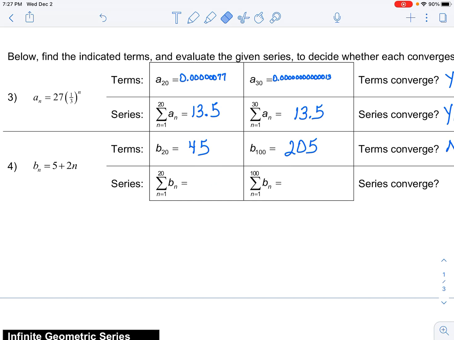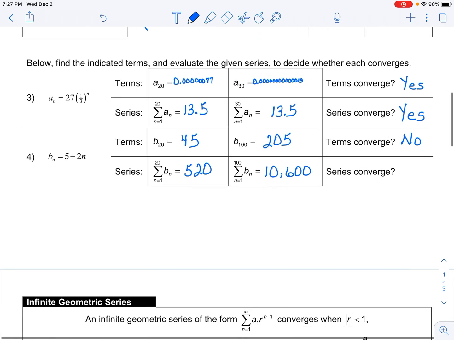Oh, and this 500 is wrong. I typed in a 4 instead of a 5. It's actually 520. But again, they're not getting closer and closer to the same number. So this is no, the series do not converge.